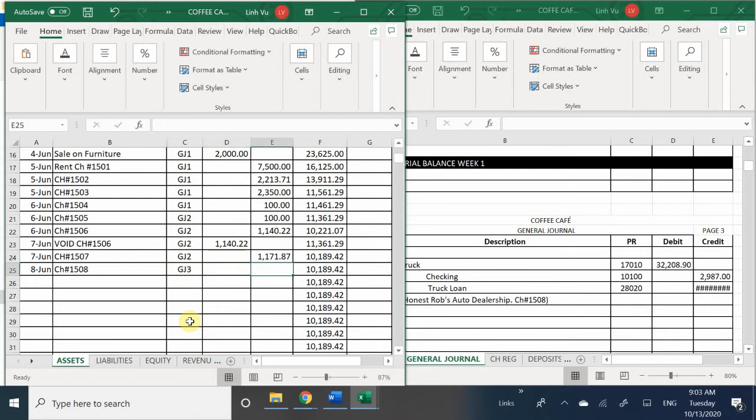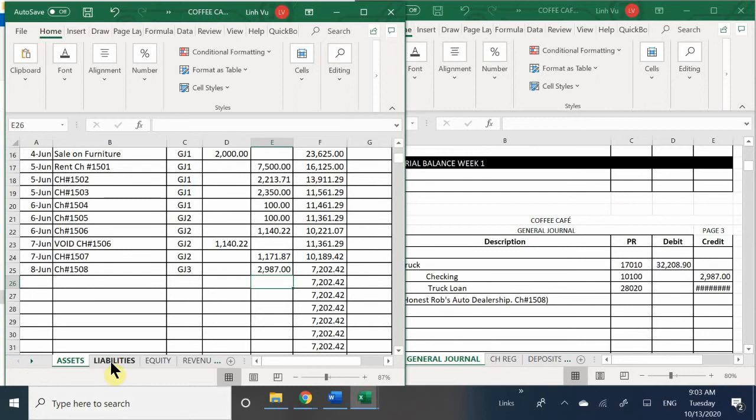And this time I'm crediting my account for $2,987, which should decrease my amount by roughly $3,000. So here I started out with $10,189. Now I'm down to $7,202.42.